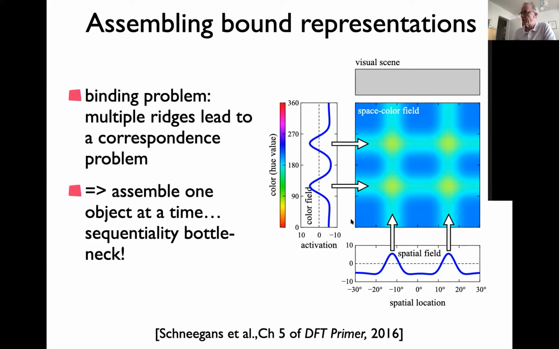If you just put in these ridges, then there are two possibilities of combination. You don't know if the blue is at this location or at that other location, right? So it leads to what people call illusory conjunctions. There are some special conditions under which humans actually suffer from such mistakes, and we modeled that. So Sebastian Schneegans did. But generally, we don't suffer from that.